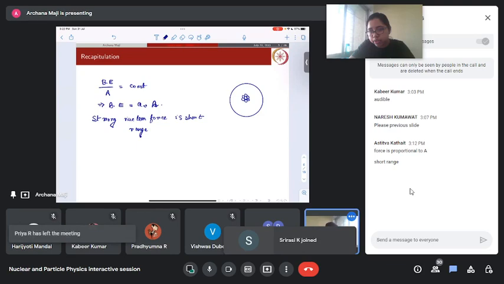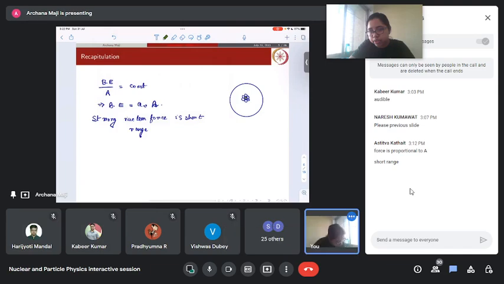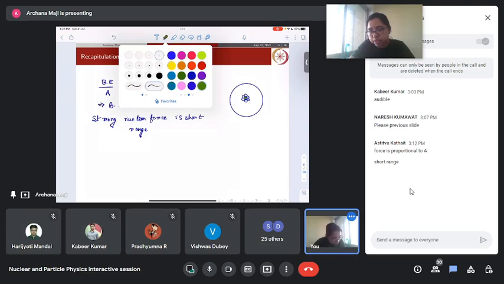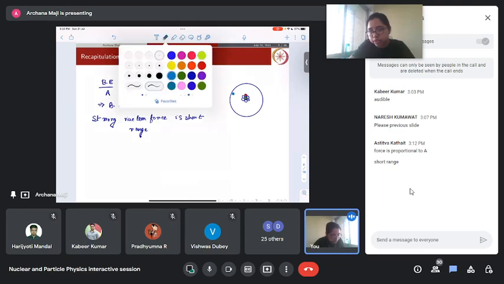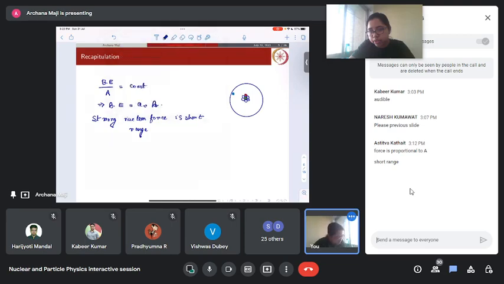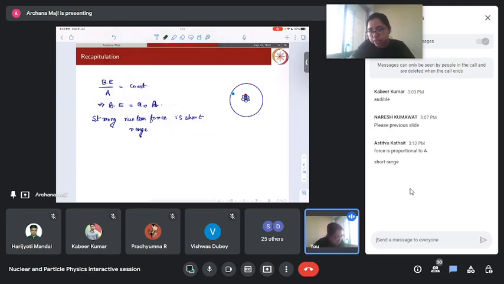Exactly. So if a particular nucleon, suppose this centered one, which I am drawing with green color, is interacting with its neighbor, this red one, as well as with this blue one, then the nuclear binding energy would have been like, so at the present moment we are considering the interaction of this green nucleon with all the others.